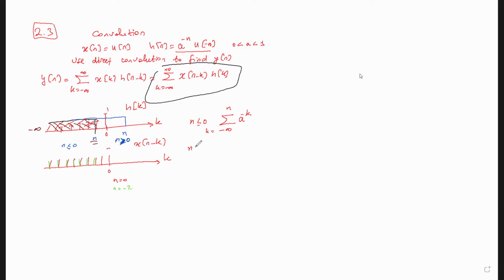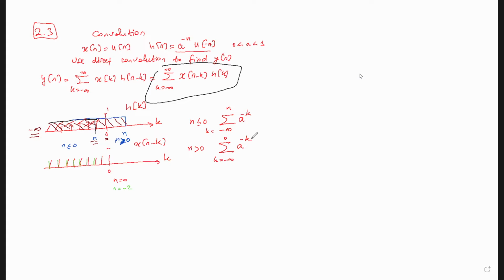For n greater than 0, so this is the case, then from minus infinity to 0, a to the power minus k. So you can do the remaining.